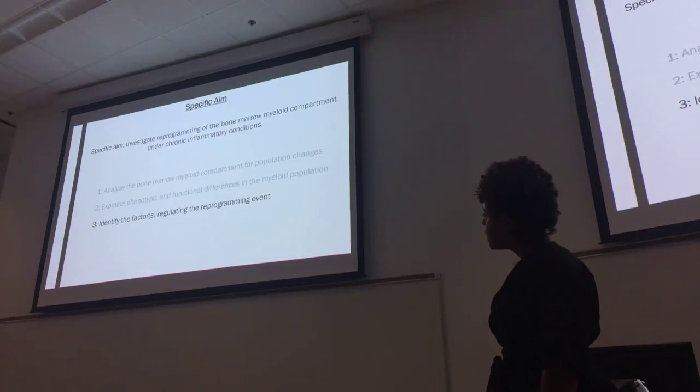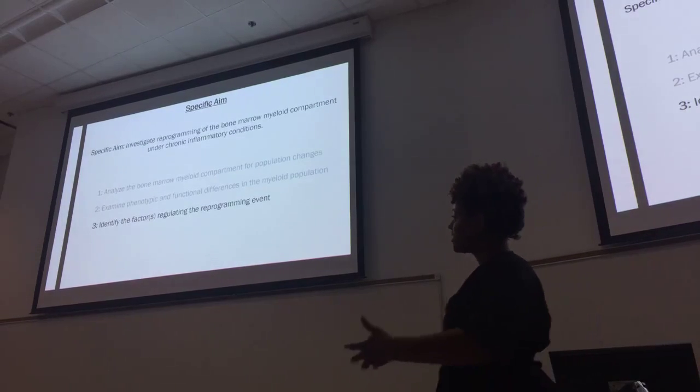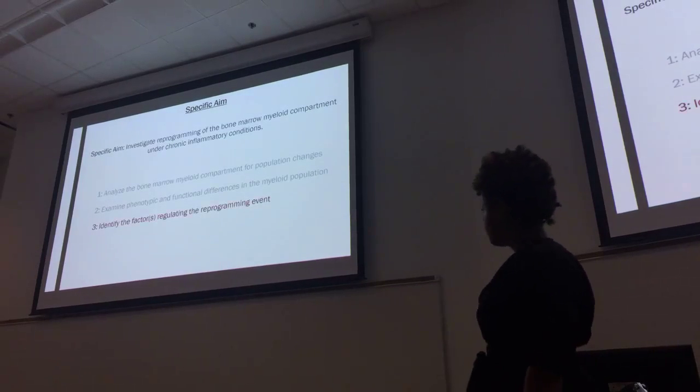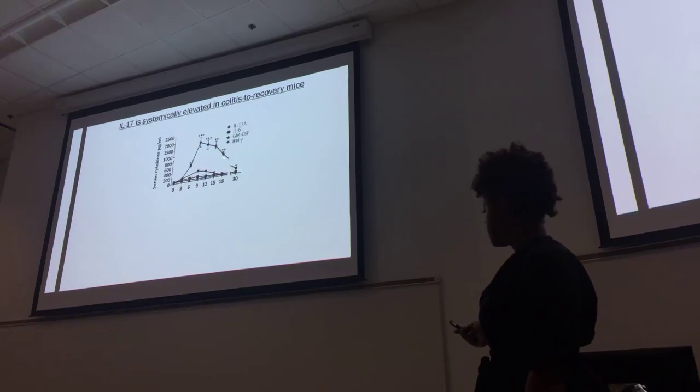So at this point, I've answered the first two questions, and I wanted to talk about the last one. We didn't get to really investigate it, but our study shows that IL-17 was the main cytokine systemically present in these mice.